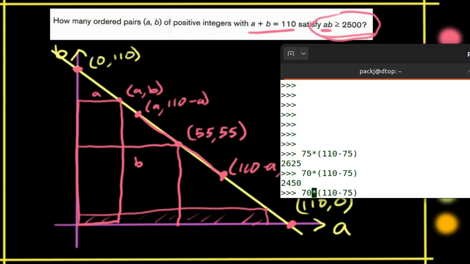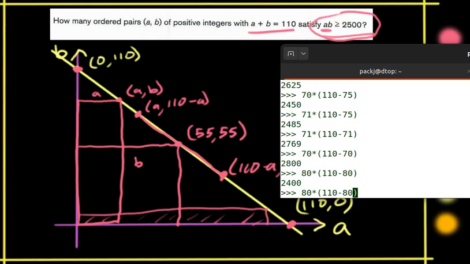So I can just say, okay, it's got to be bigger than that. 71. Oh, wait, hold on. I forgot to, nope, I did that wrong. I've got to change both numbers here. So 71. Oh, that's also bigger. 70. That's bigger. Oh wait, I need to go higher, right? So let's try 80 for both of these numbers.